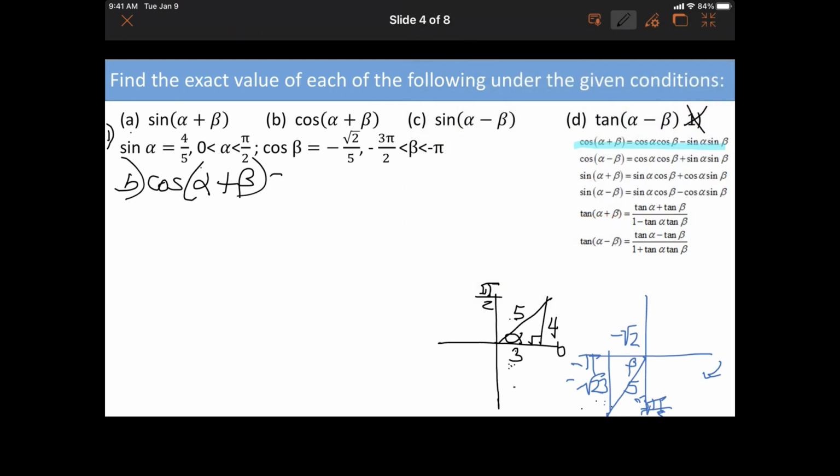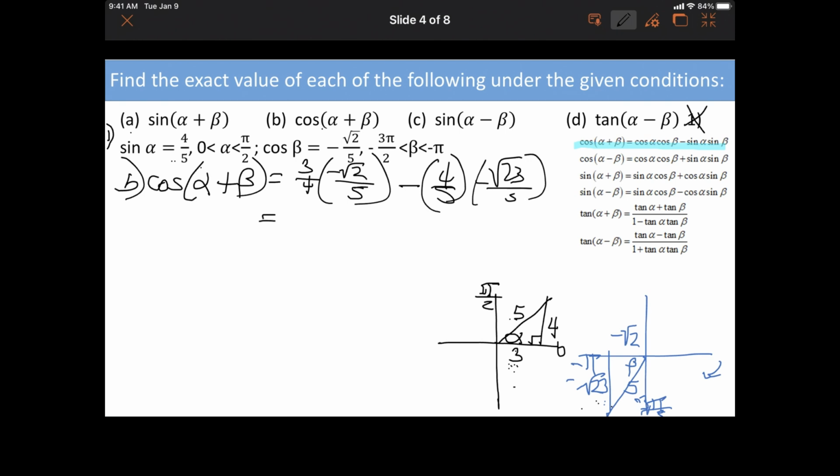Okay. So for that one, we're going to use cosine of alpha, which is 3/4. And cosine of beta, negative root 2 over 5, minus sine of alpha, which is also over here, which you can also look down here, times the sine of beta, negative root 23 over 5.